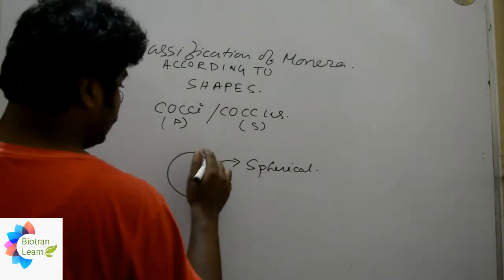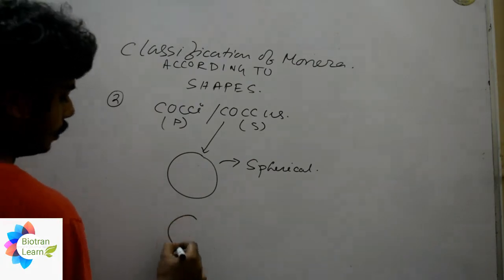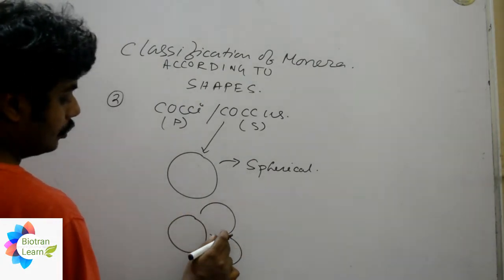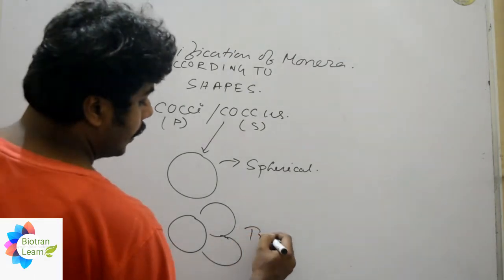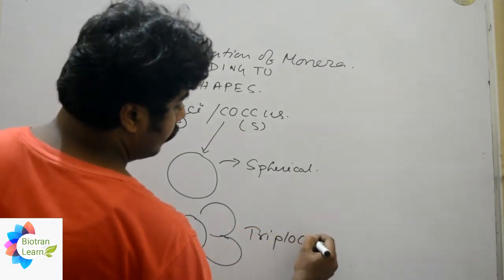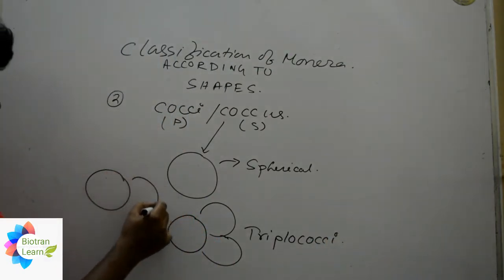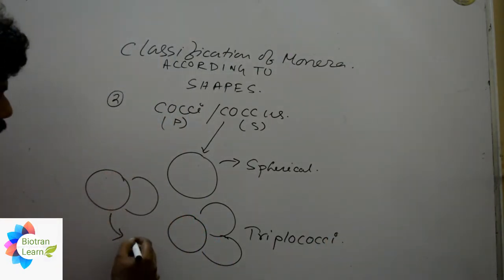So this is in case of a coccus, and when they form a colony like what I have drawn here, this is a triplococci. And if I draw in this way, this is a diplococci.